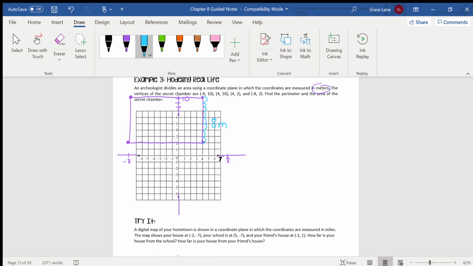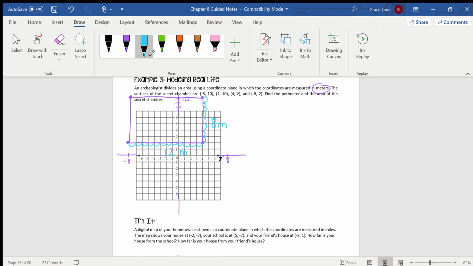The bottom and the top, it's going to be 12 meters.